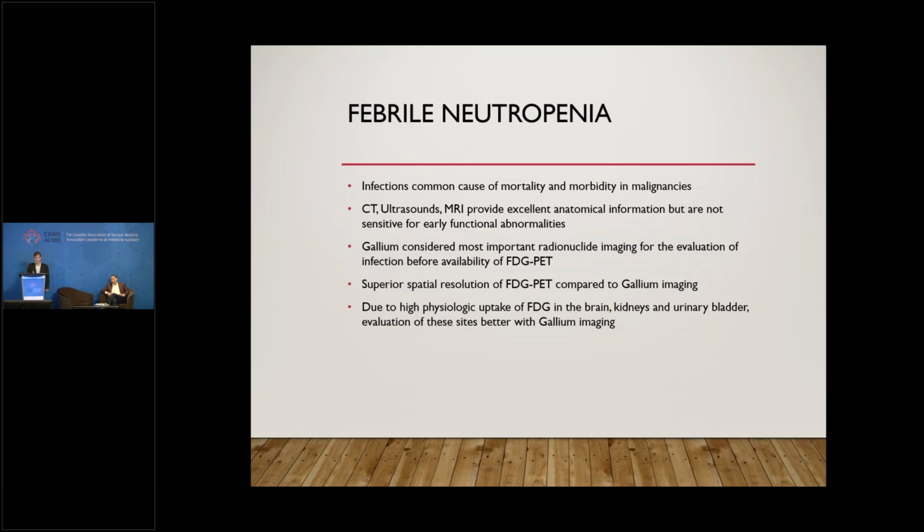And that's where gallium imaging may have a role. In fact, FDG PET also is useful. However, due to the high physiologic activity of FDG in the brain, the kidneys, and urinary bladder, these sites are better evaluated with gallium imaging.